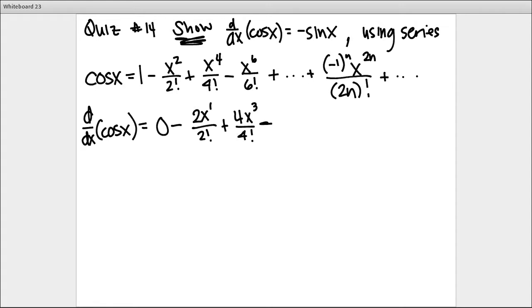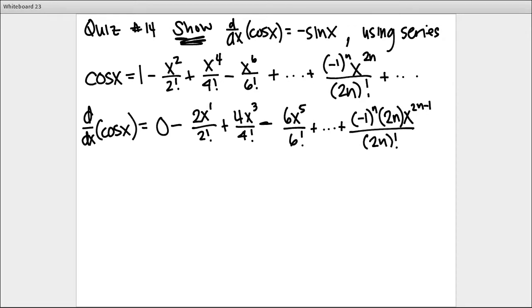And then minus 6x to the 5th over 6 factorial. Let's do the general term also. Negative 1 to the nth power. Pop and drop would say take that exponent, bring it around front, drop the exponent by 1, and then 2n factorial is a constant down below. All right, so there's the derivative.